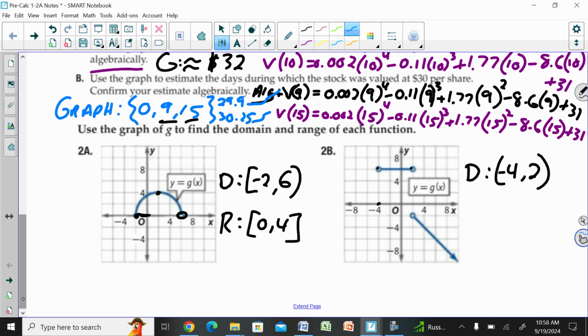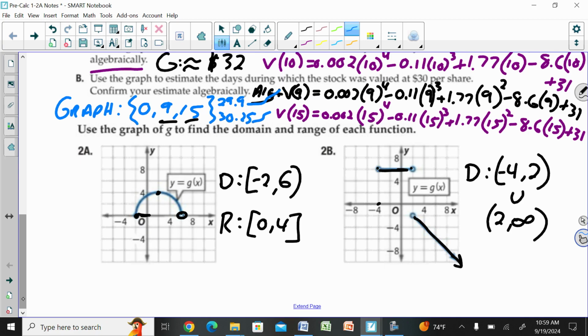But then it also includes, so I'm going to use a union symbol because it also includes an OR value, right? So it's either this part of the graph here or this part. With brackets, because it picks up at 2 again and then goes on towards infinity here. So I would put 2, comma, infinity.